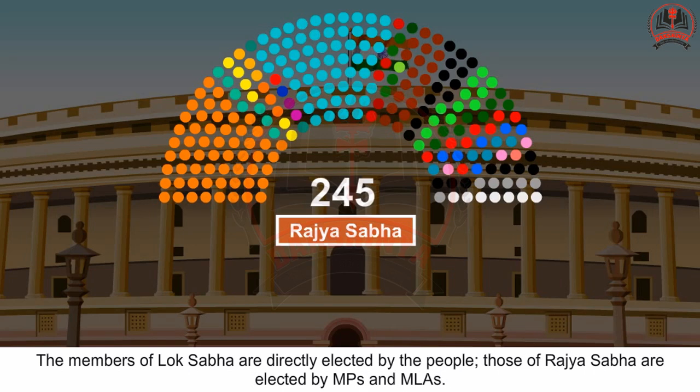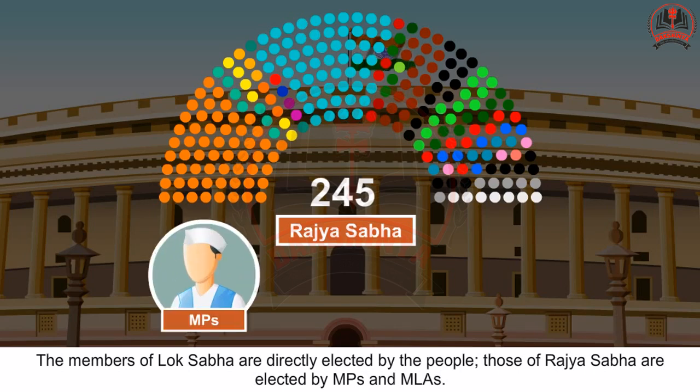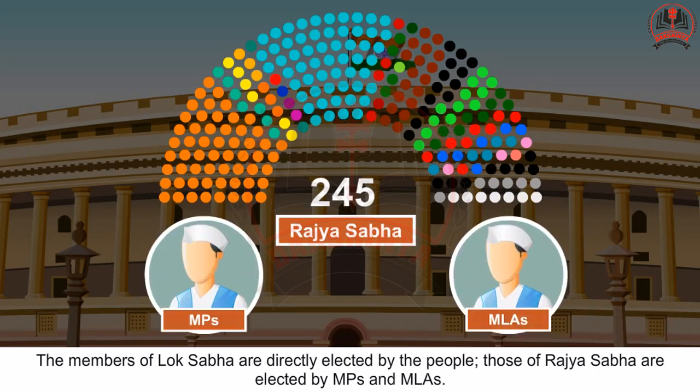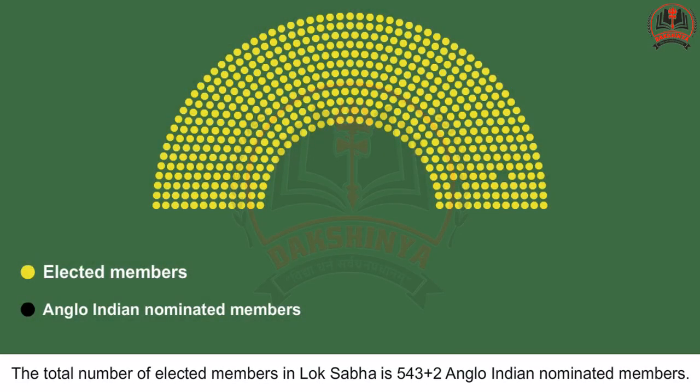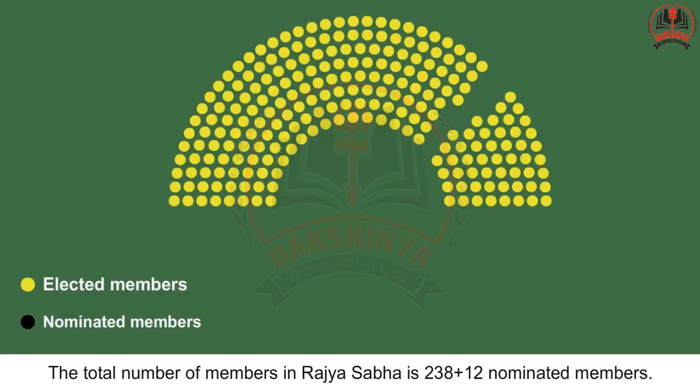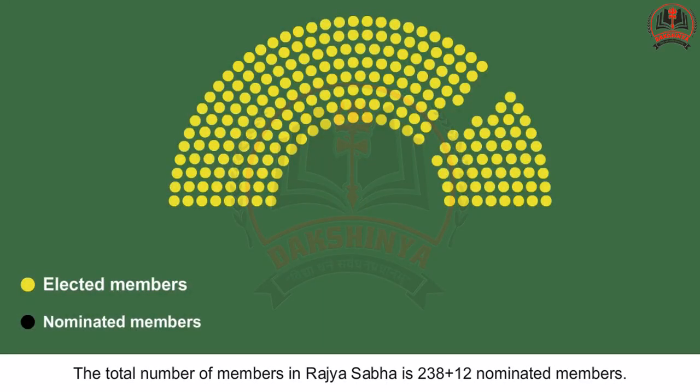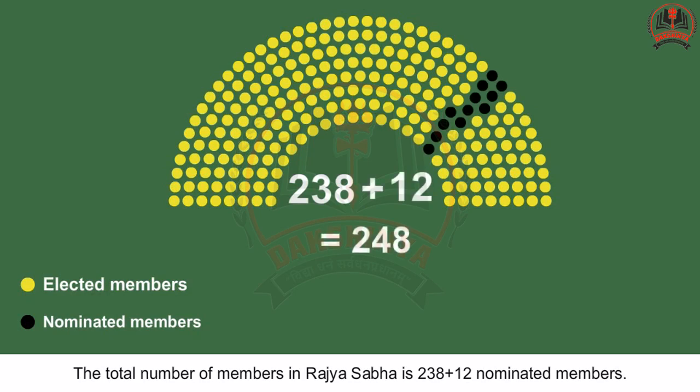Those of Rajya Sabha are elected by MPs and MLAs. The total number of elected members in Lok Sabha is 543 plus 2 Anglo-Indian nominated members. The total number of members in Rajya Sabha is 238 plus 12 nominated members.